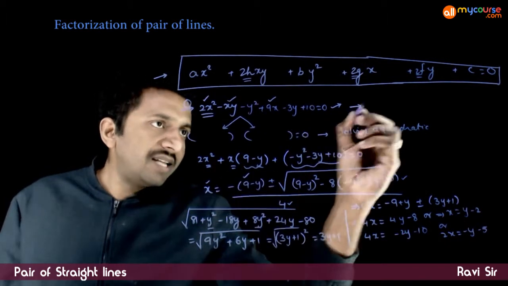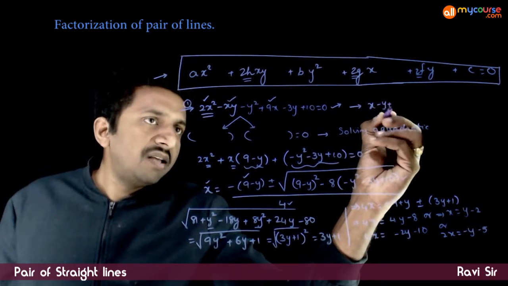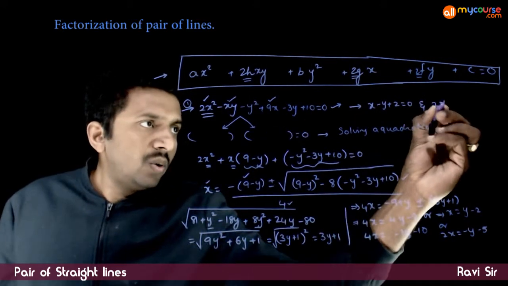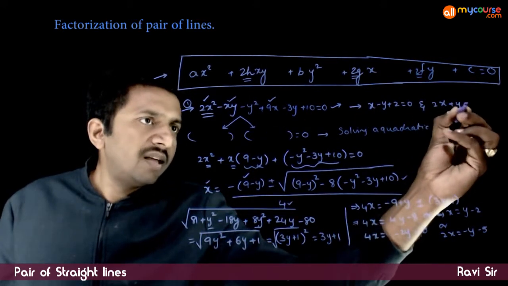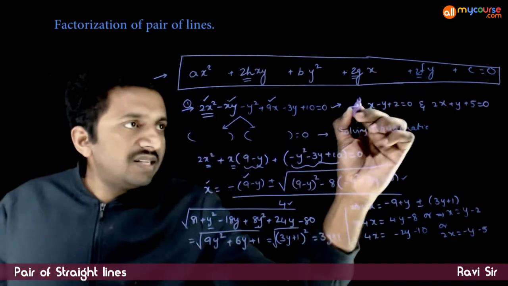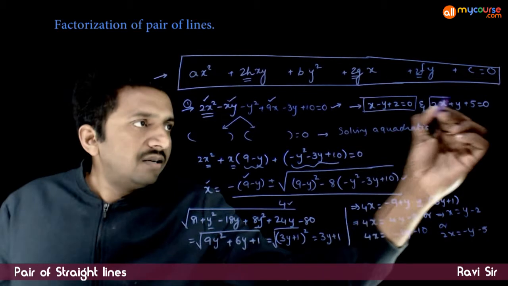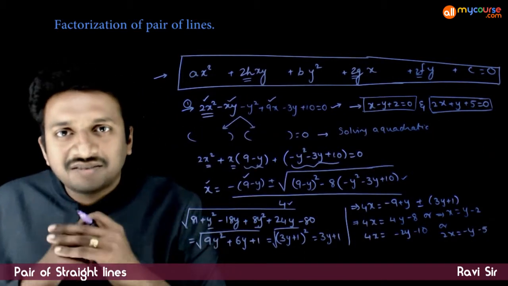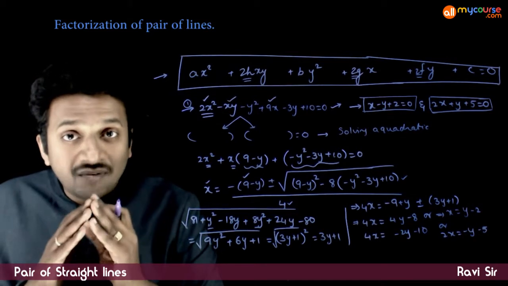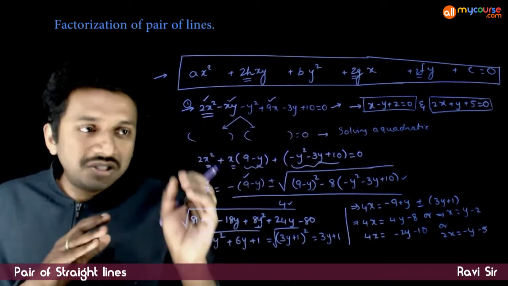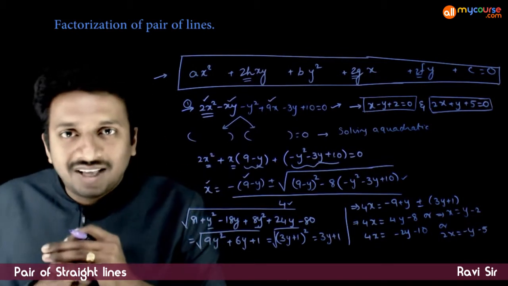Let me write it nicely. x minus y plus 2 is equal to 0 and 2x plus y plus 5 is equal to 0. These are the two lines that make up this pair of lines. I hope you have understood how to factorize a general equation into two straight lines.